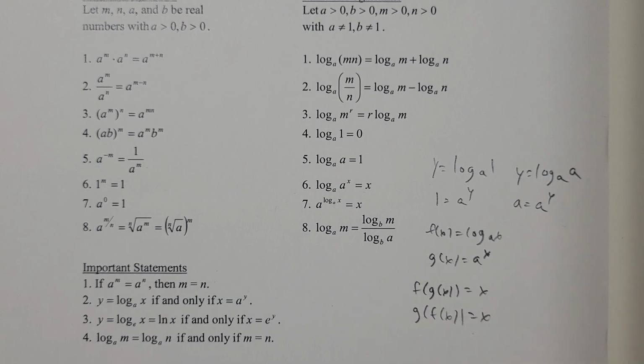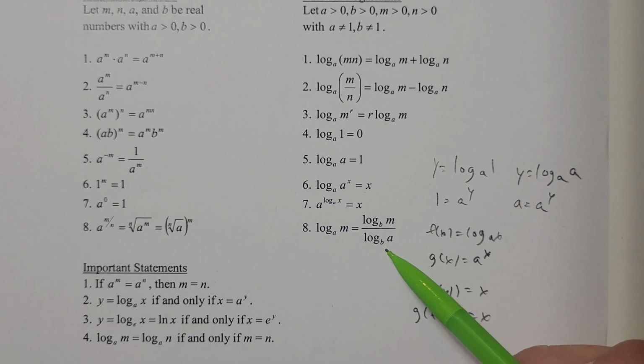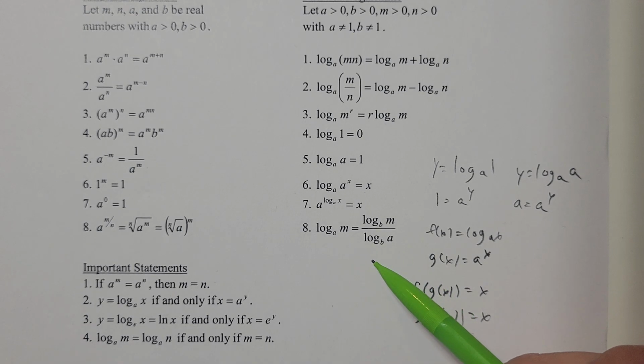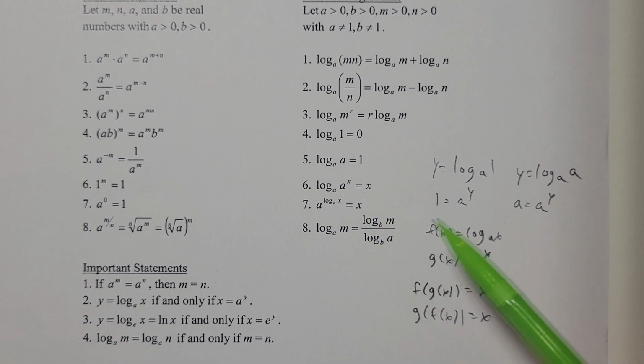Law 8 is sometimes called the change of base formula. Sometimes you'll want to change the base when working with a logarithm to make it a new base. So log base a of m is equal to log base b of m divided by log base b of a. You're going to divide by log base b of the old base. Okay, we'll look at some examples where we're going to be changing the base coming up.